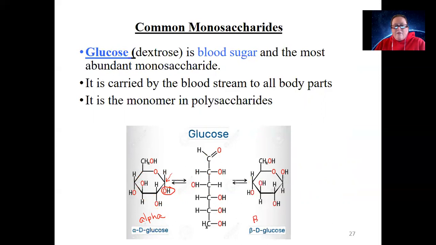And on a beta glucose, on that same carbon right there, the OH is at the top. So they're just swapped. And what we find out is that alpha glucose is what makes up starches, and beta glucose is what makes up cellulose. So wood fibers and paper fibers and cotton fibers are all cellulose, and our starches are, you know, like cornstarch or starchy foods. You're familiar with starch.